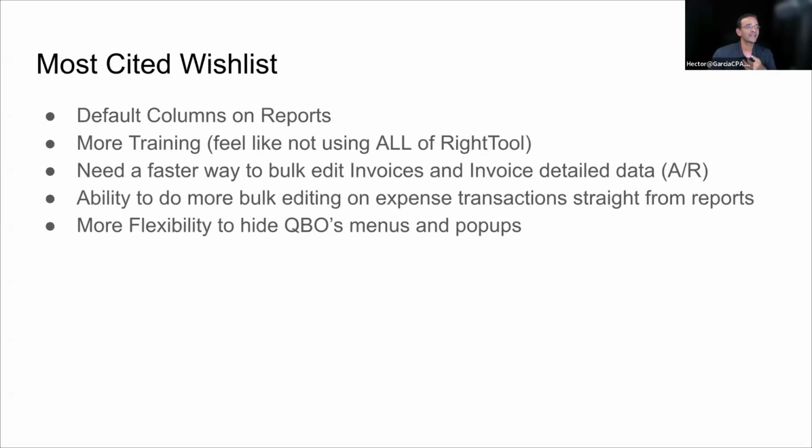Then most cited wish list items. Again, this all came from the contest entries, because every time we run a contest or something, we gather more feedback. So one that came up a lot is defaulting columns on reports. Like going into a report and clicking here, clicking there, and showing particular columns. It's a task that takes a lot of time, and QuickBooks doesn't have anything like this.